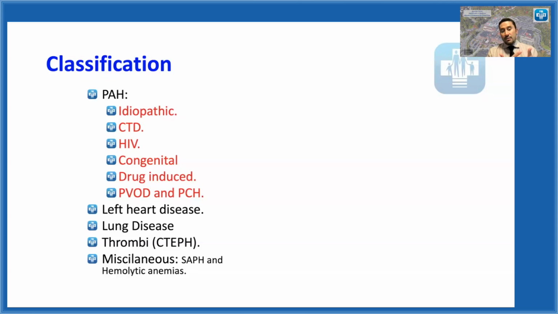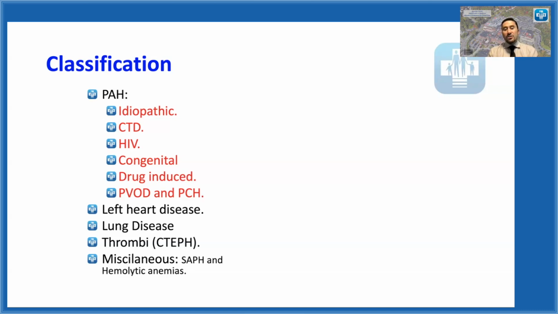The classical example of connective tissue diseases is scleroderma or systemic sclerosis that can come in a limited or a diffuse format leading to this. It's also common to see patients who have HIV disease develop pulmonary hypertension. So it's important to screen these patients with at least an annual echo.